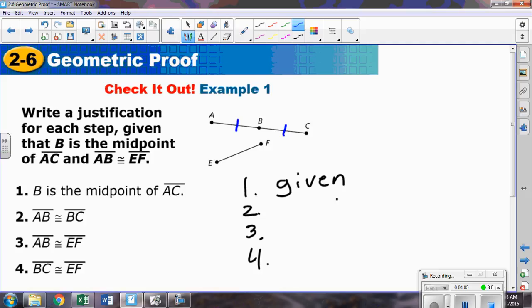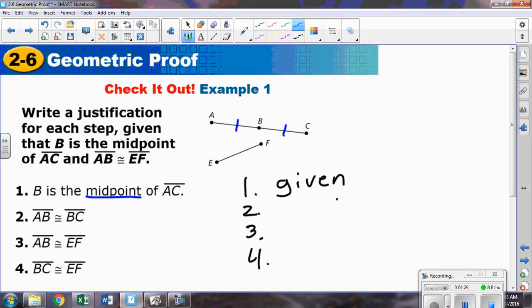Line 1 should lead us to line 2. When we read the first step, B is the midpoint, midpoint should tell us something. That's a mathematical term. We can use definitions about midpoints. We can use theorems about midpoints. We can use these things.